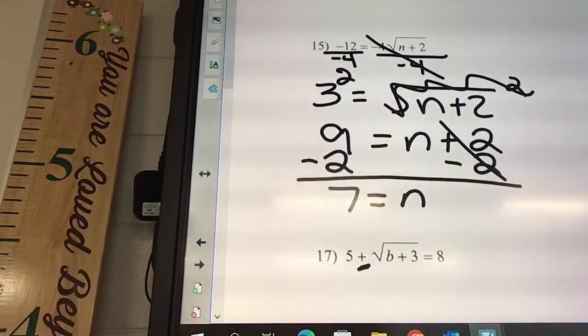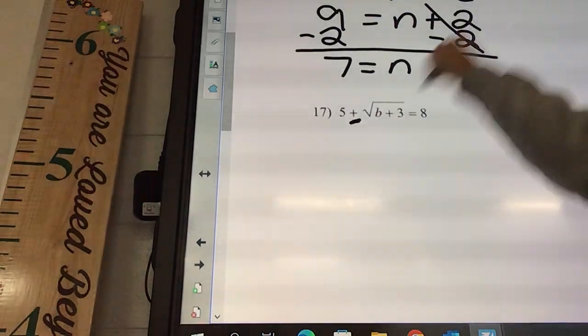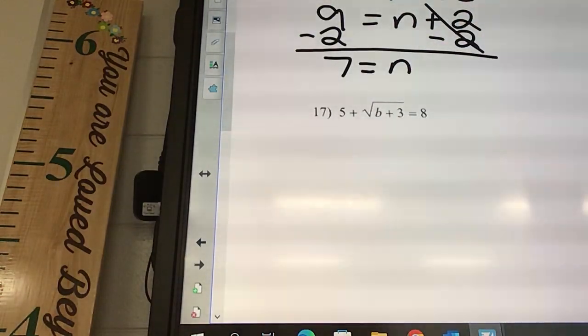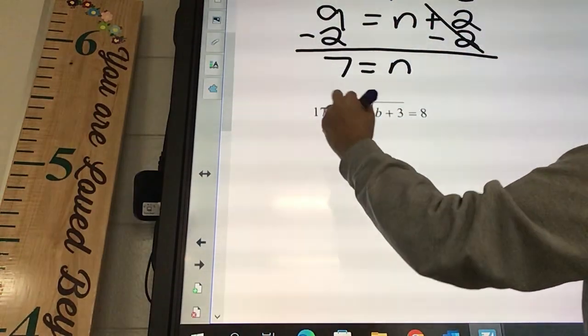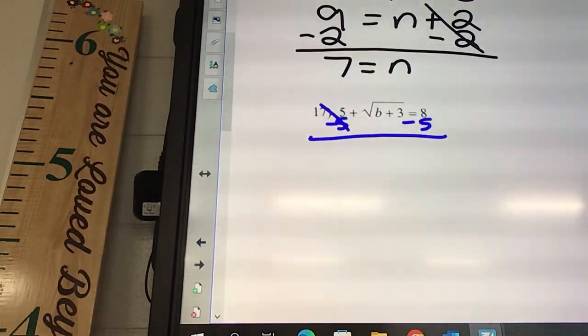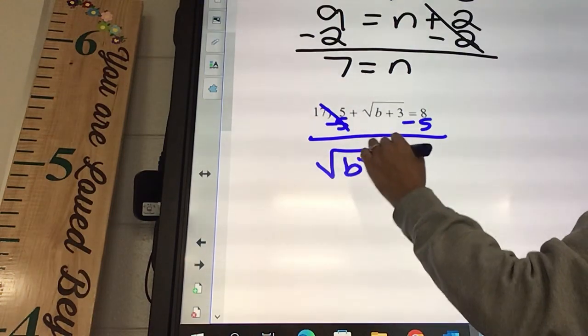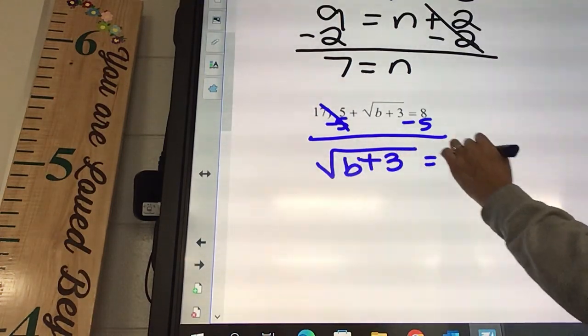Okay, 17. What needs done first? Minus 5, good. So we're gonna say minus 5, minus 5. What is 8 minus 5? 3, so we got square root of b plus 3 equals 3.